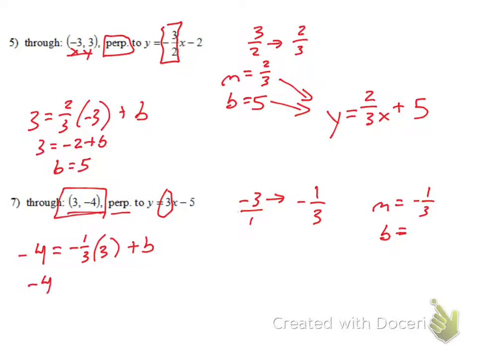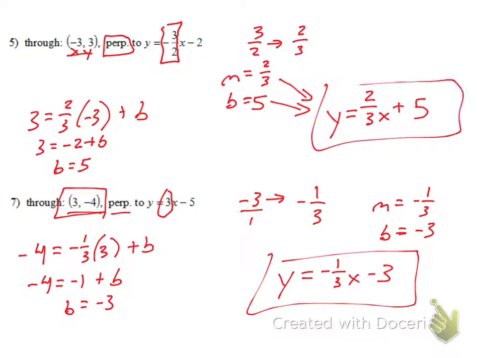So negative 4 equals negative 1 plus b. Add 1 to each side to get rid of it. B is going to be equal to a negative 3. So I have these two now, plug them in. Y is going to be equal to negative 1/3 x minus 3. And that's my final answer there.